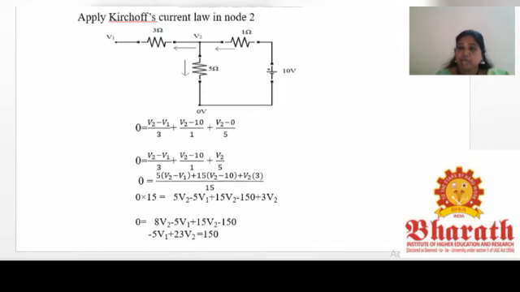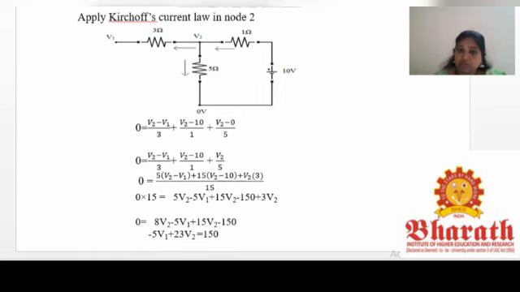So now again we are going to frame the equation by using Kirchhoff's current law. Our law is: sum of entering current is equal to sum of leaving current. When I say entering current, there is no entering current here, because only from the current source do we have a current supplied to the circuit.